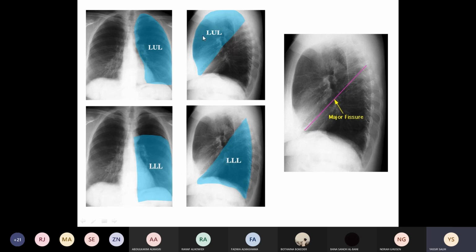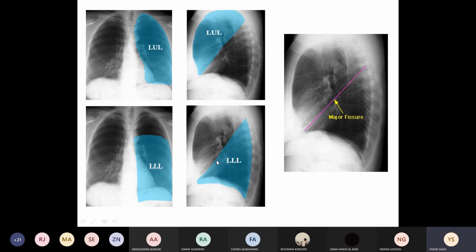So this is the left upper lobe, not the lower lobe, because the left lower lobe occupies the region posterior to the oblique fissure.